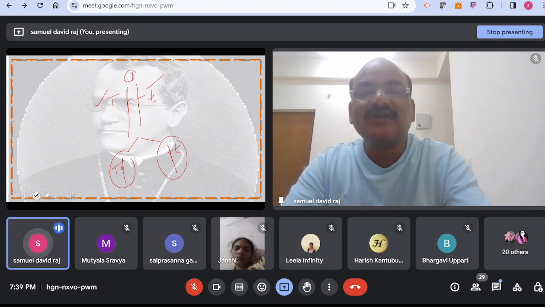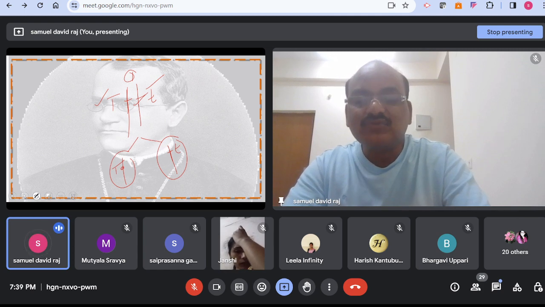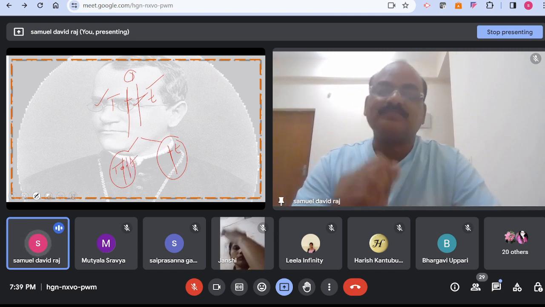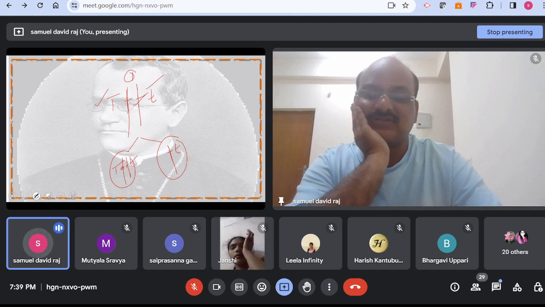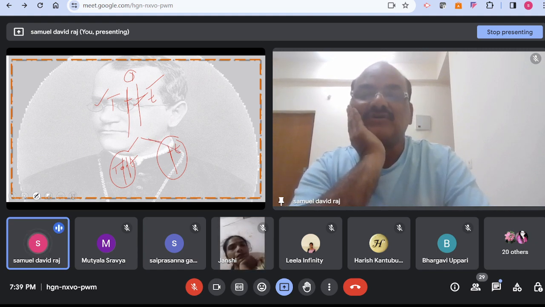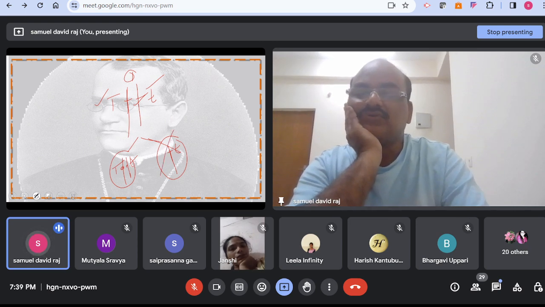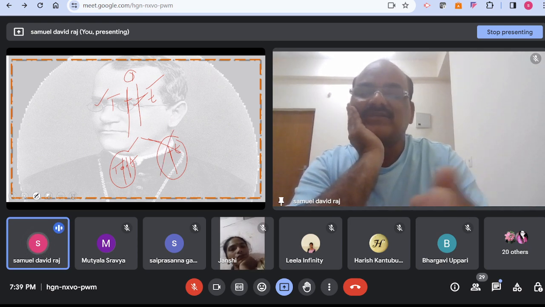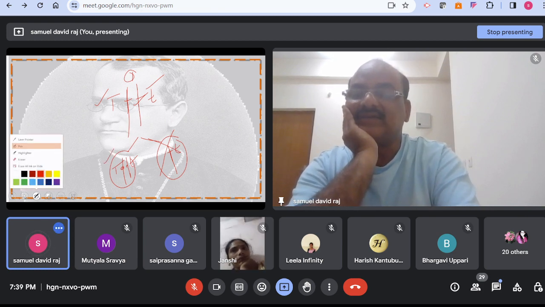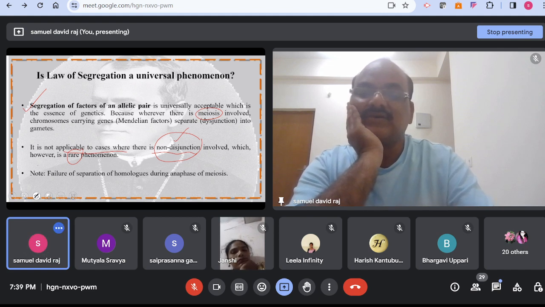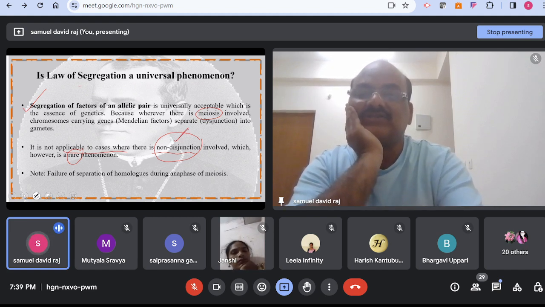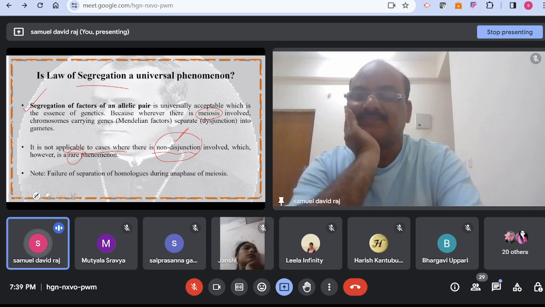Now, if these two don't get separated and come to the same cell, then we call this non-disjunction. When there is non-disjunction, there is no segregation at all. Both the factors may reach the same daughter cell, and thus where there is non-disjunction, segregation is not possible.